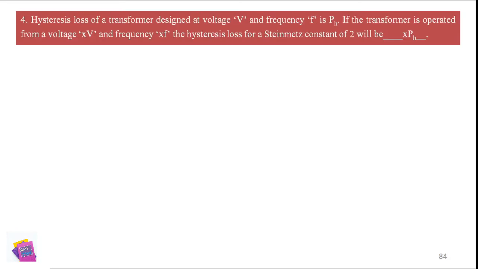This was basically asked in GATE. Hysteresis loss of a transformer designed at voltage V and frequency F is PH. PH is directly proportional to F into Bm to the power n. Okay, you know this formula.